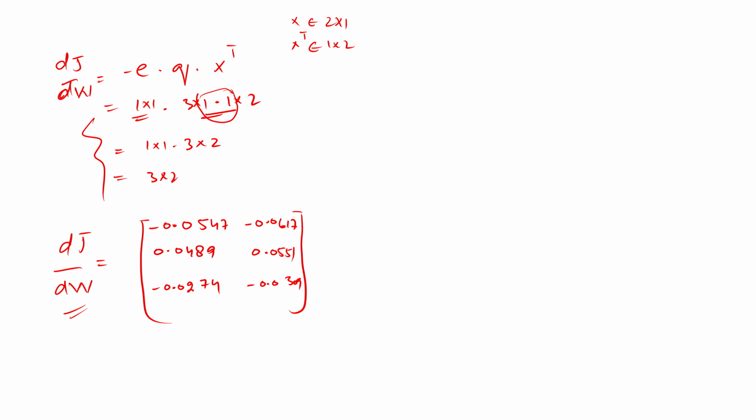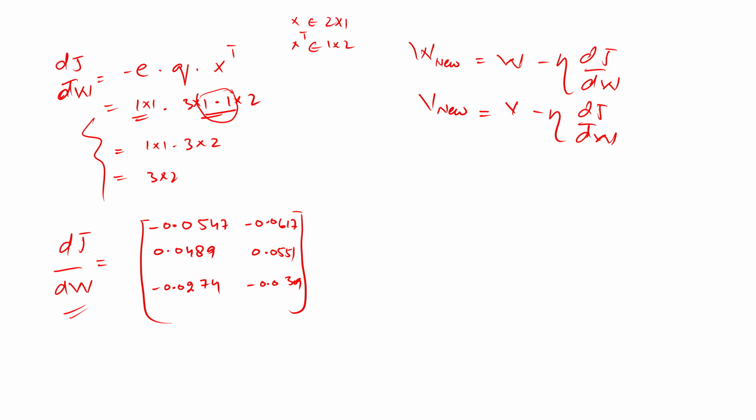If you remember, we have to update our weights using this law. Okay, so now for the output weight, we have all the values on the right hand side. I initialized these values in the beginning, right?